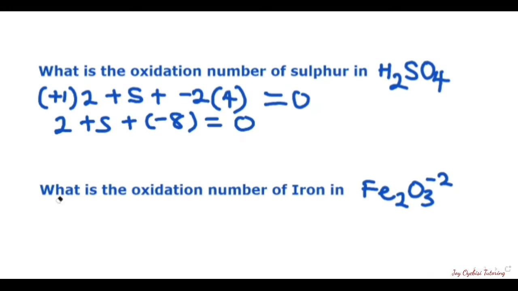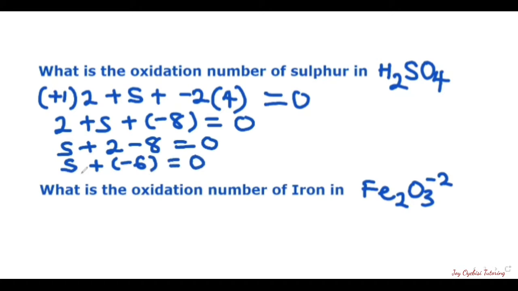So we have x plus 2 minus 8, and x plus this will give us -6.